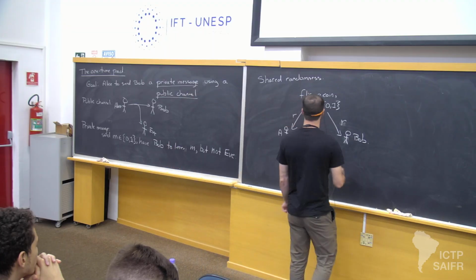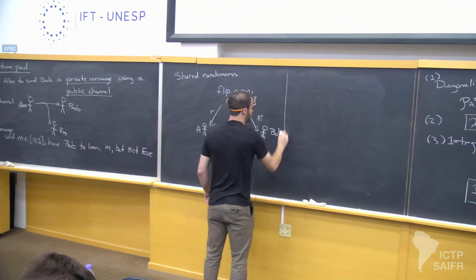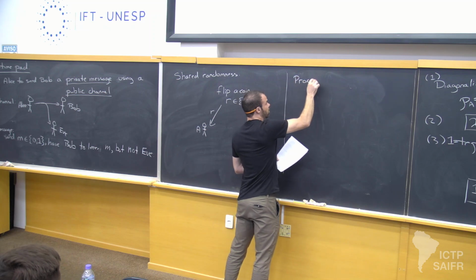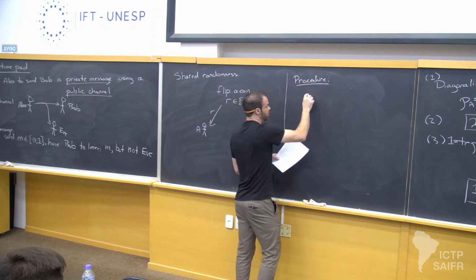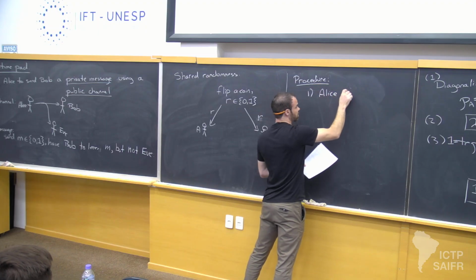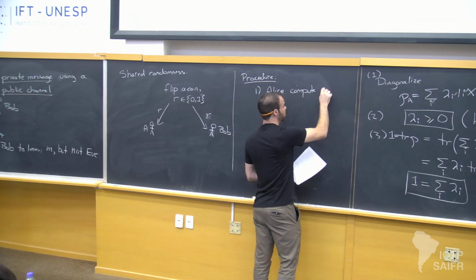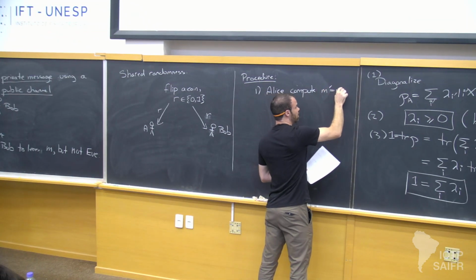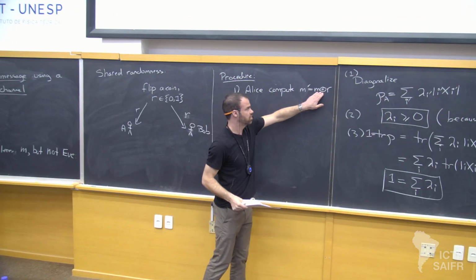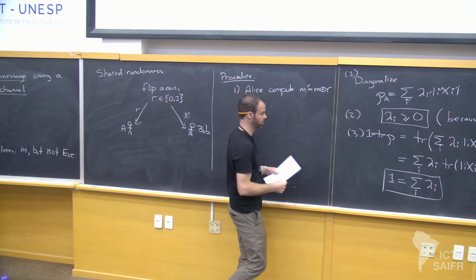Okay, so then once Alice and Bob share this randomness, the procedure for sending this private message will be the following. First, Alice will compute an encoded message that we'll call M prime, which is M plus R. Okay, so this notation might be unfamiliar. What I mean is just the sum mod 2, right?